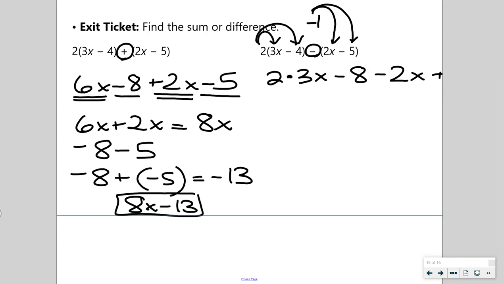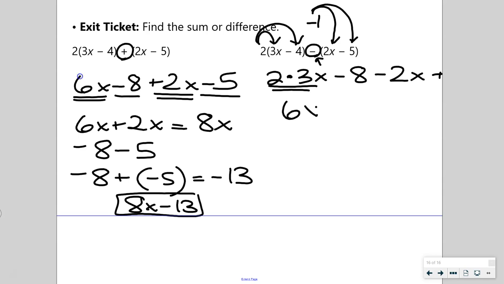So when the sign is a negative, the signs change. Sorry, I don't know why I have a times there. I'm not sure why I did that, but let's rewrite this equation.